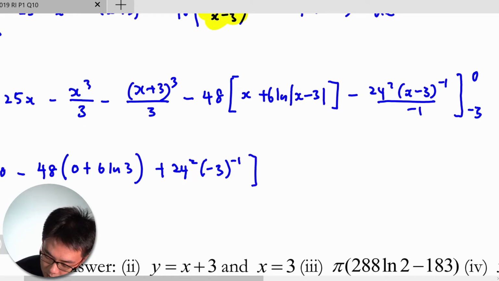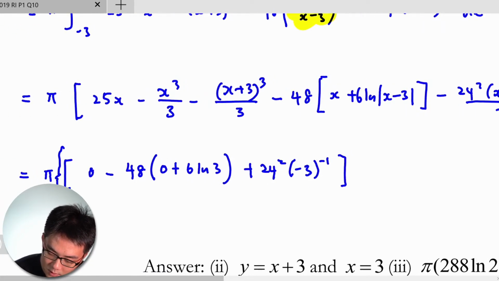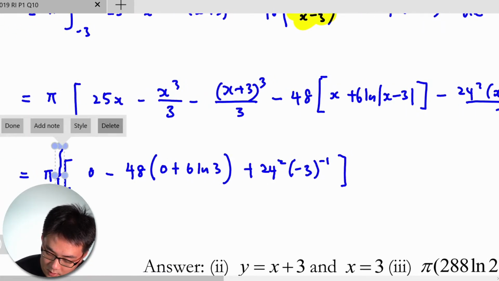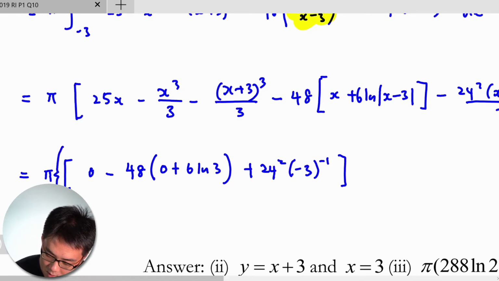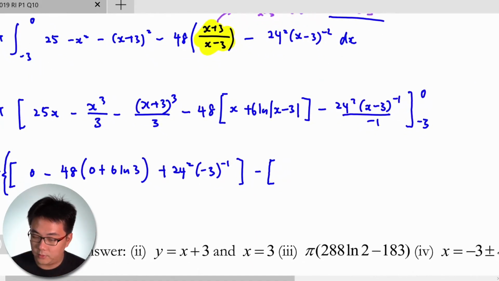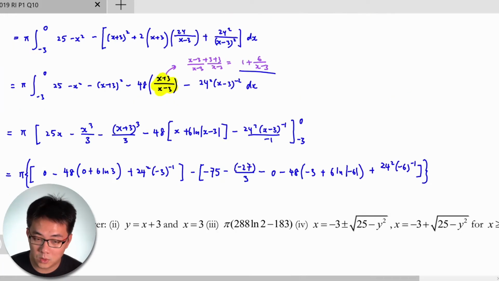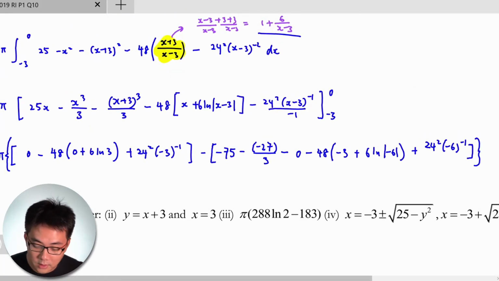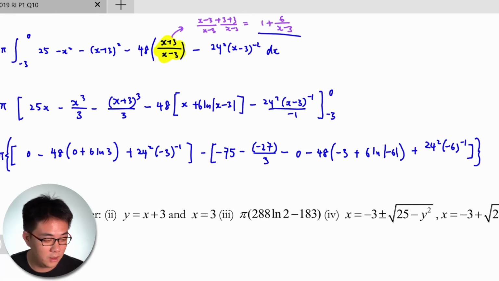Then I'll just minus off the value at minus 3 and key in the calculator. I think keying the calculator is okay. This is what I get from the calculator. Then we'll simplify it. Slowly but surely, let's simplify this.